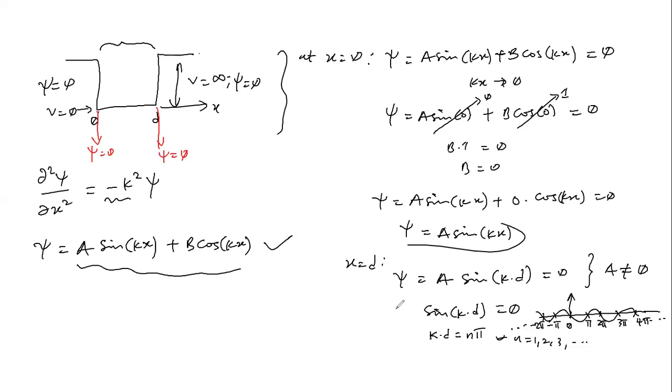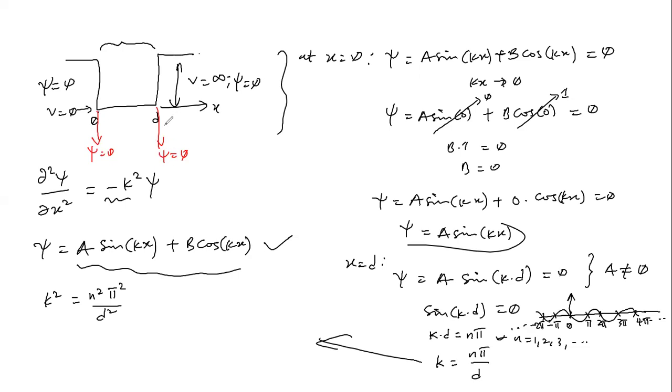it means that k is the same as n pi over d. But coming to this expression, we have k squared, right? So k squared will be the same as n squared pi squared over d squared.